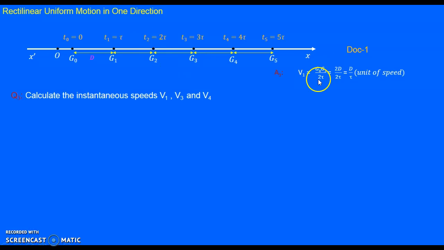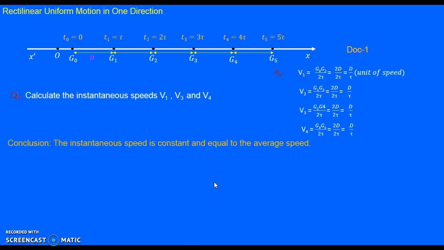So G0G2 over 2 tau, 2D over 2 tau, D over tau, unit of speed. Similarly for v2, before and after. It's not required to calculate here, but you're going to see later on that we are going to use it in the second part. So if you only answer by v1, v3, and v4 for this question, it is correct. Then later on, when you use v2, you can calculate it.